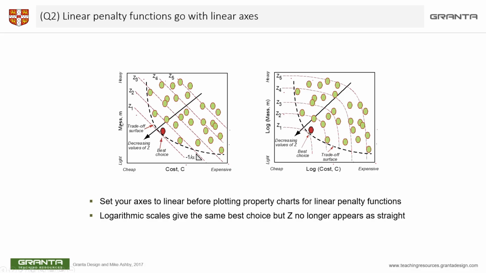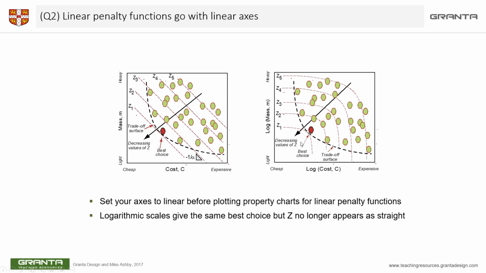So an easier approach is that you simply go back into the CES and convert the graphs first into linear plots. Once you have the graphs in linear plots, you use the same index function that is available in CES to plot the line, with a particular slope -1 over alpha, and then you convert the graph back into the logarithmic scale, where the line will now appear as a curve, and the lowest point on this curve will be on your trade-off surface, and therefore it will give you your required material options. Some of these points I'm sure will become more clear in the case study.